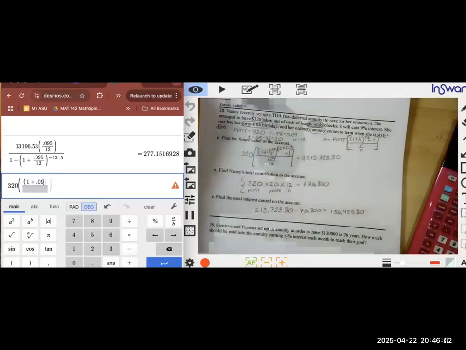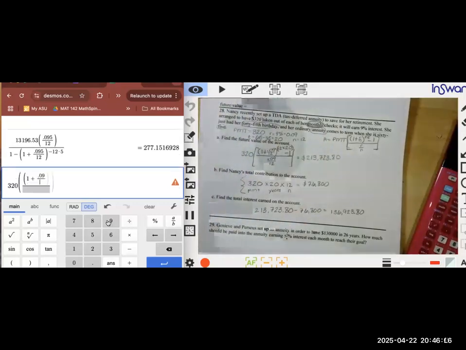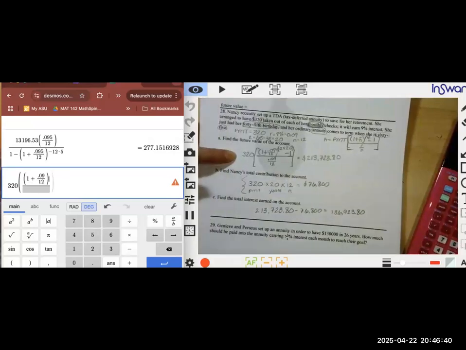So it's just slash, you could hit the division sign right here. 0.09, oh, I lost my spot. Divided by 12. Need to close that parenthesis. All right, and let's do that new method, 12 times 20. Highlight that.